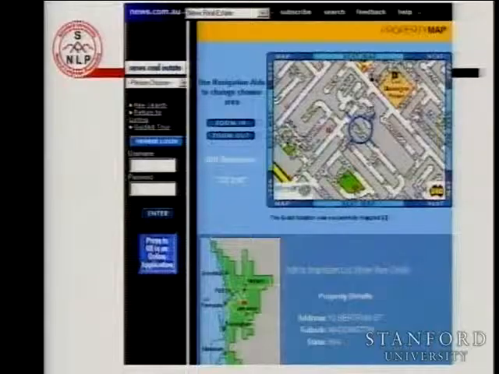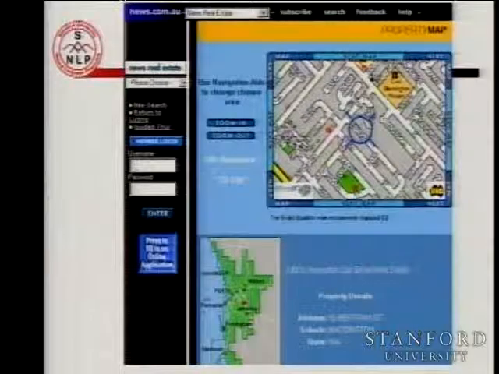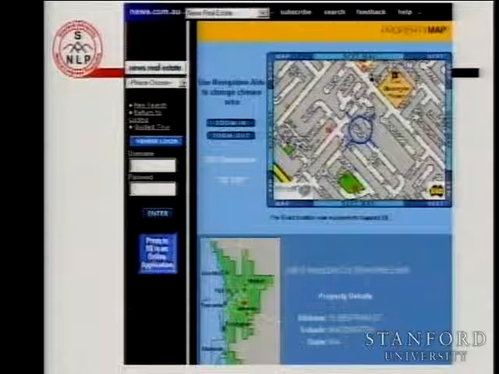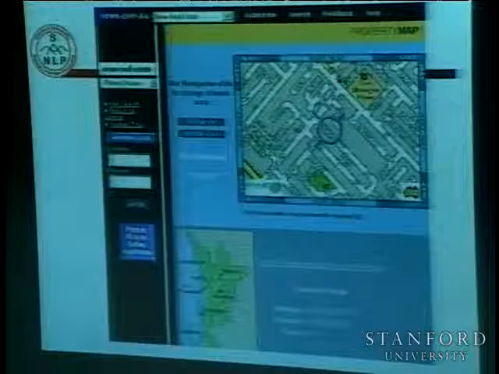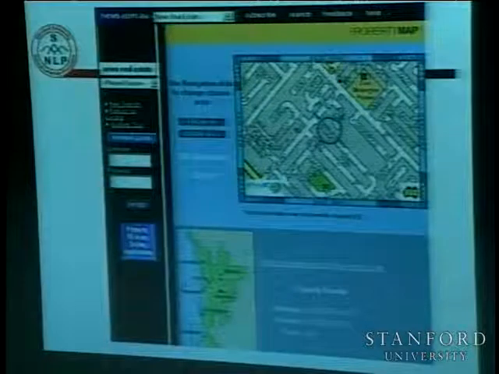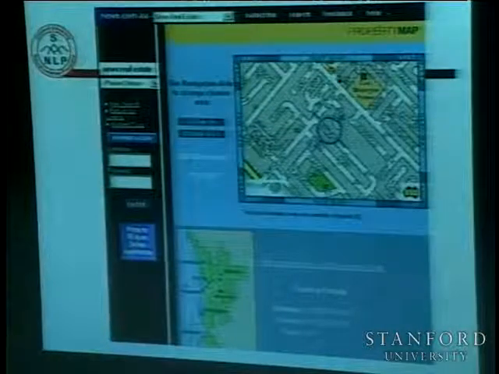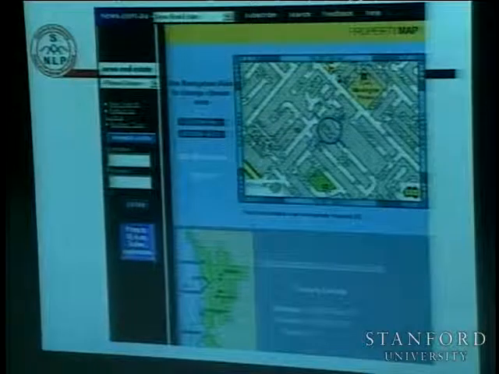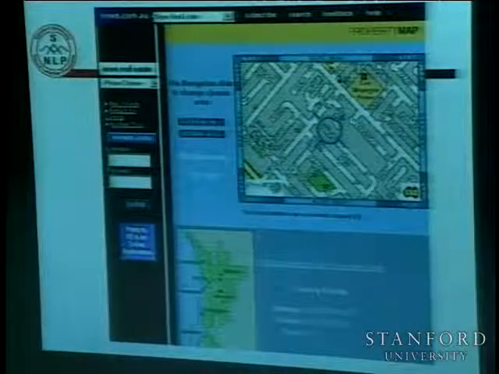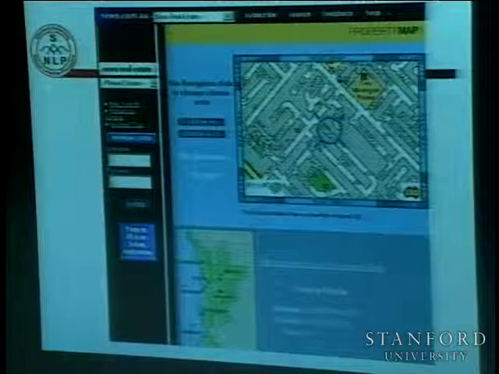So in this application, it extracted out addresses, and it could use those to geocode to locations. It extracted out open house times. I think around here, every open house is from 1 to 4 p.m. on, is it Saturday?